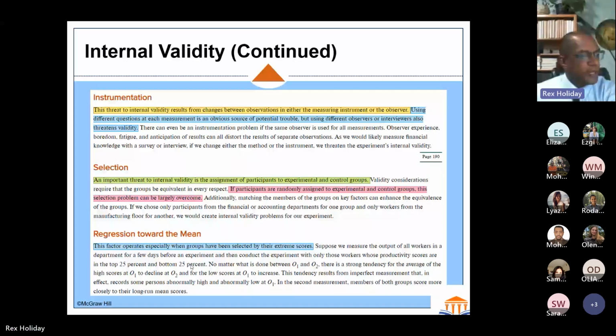No matter what is done between the variables, there is a strong tendency for the average of the high scores and for the low scores to increase. This tendency results from imperfect measurement that, in effect, records some persons abnormally high and abnormally low.